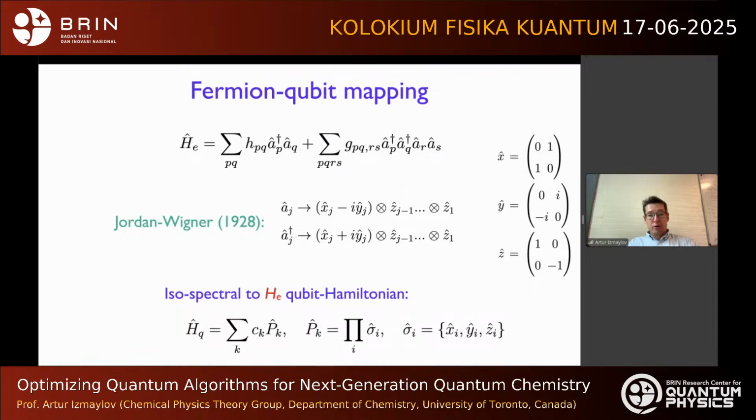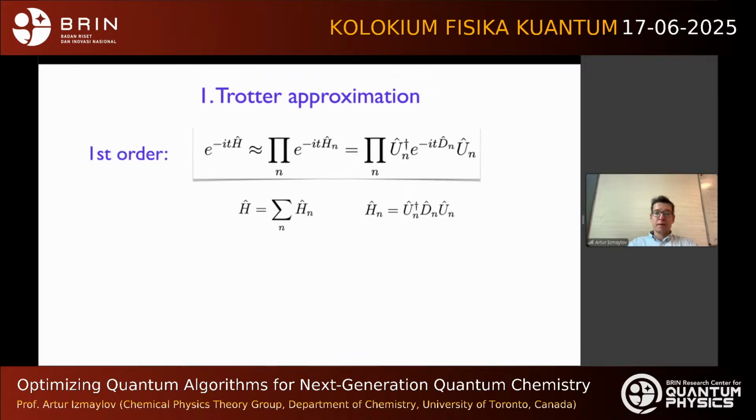And by doing this, we create an isospectral Hamiltonian HQ that has exactly the same spectrum as the electronic one, but now written as a linear combination of Pauli products, large P's.